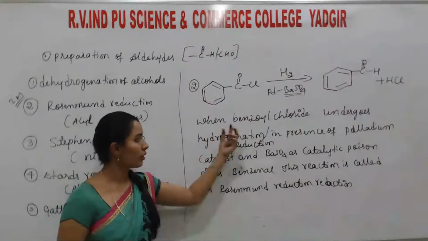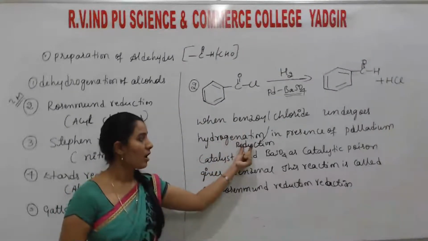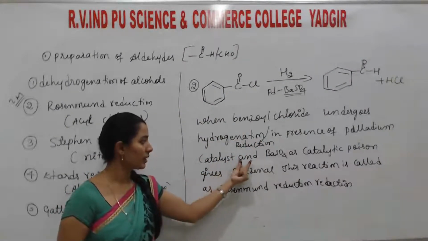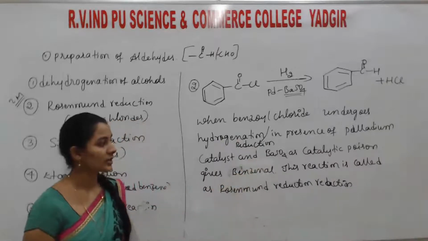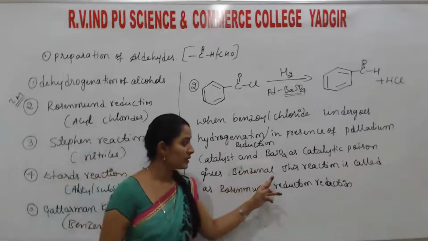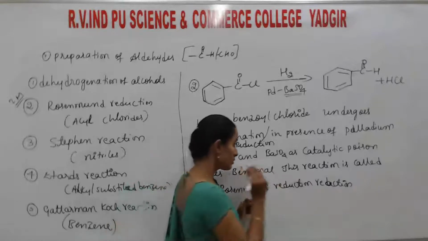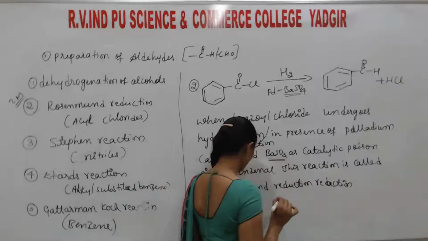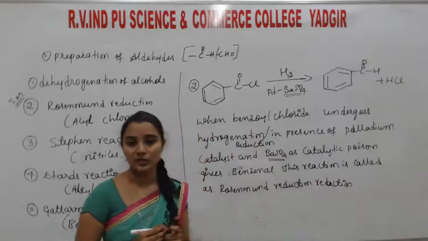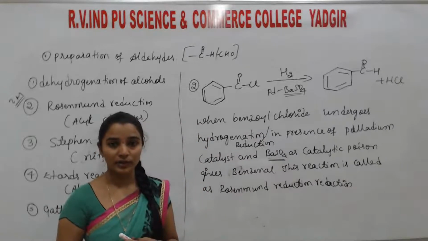When the benzoyl chloride undergoes hydrogenation or reduction in presence of a palladium catalyst and BaSO4 as a catalytic poison, it gives benzaldehyde. This reaction is called the Rosenmund reaction. And remember, the reagent used here is BaSO4, barium sulfate.